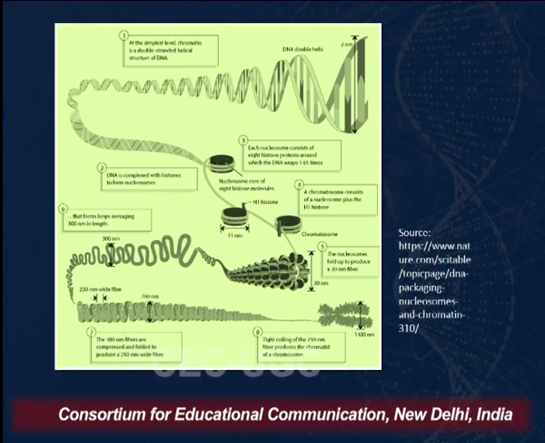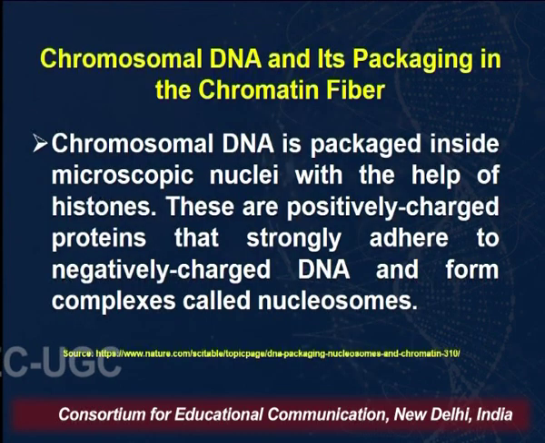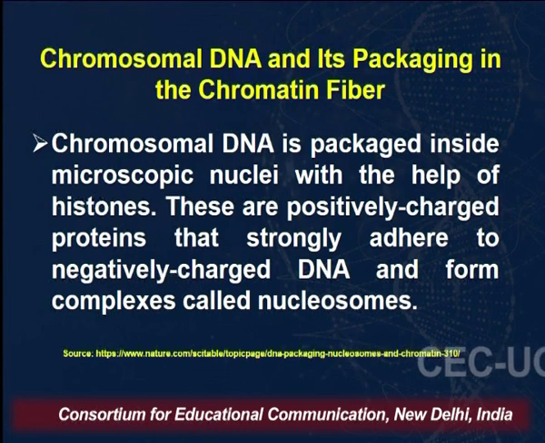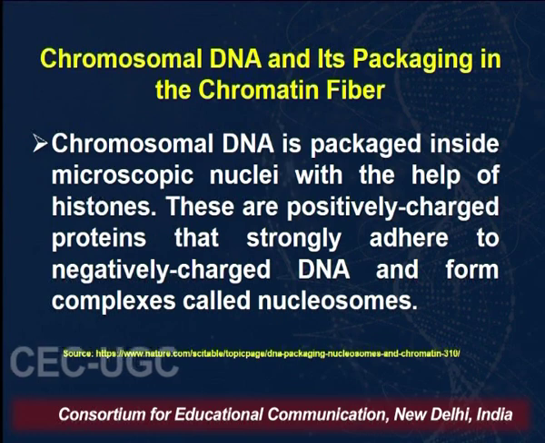Now this diagram shows how the DNA double helix structure is condensed first onto the histones, then supercoiled and then formed into the chromosomes. The chromosomal DNA packaging occurs within the microscopic nuclei. In the first level of packaging, the DNA is packaged onto specialized protein molecules called histones.